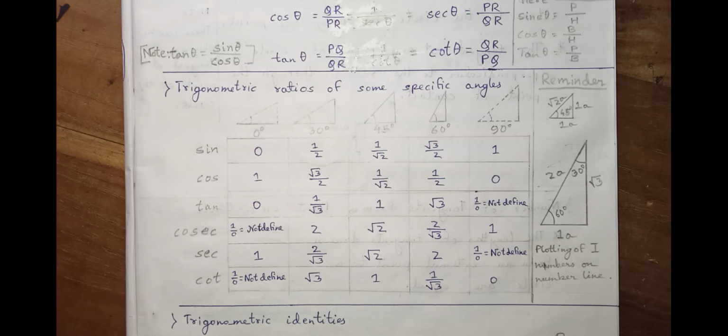Going ahead, sine 60 degree. Now let's come back to the root 3, the bigger triangle on the right hand side. Keeping focus on the 60 degree angle in the triangle, we can see the side opposite is root 3a and the hypotenuse is 2a, so root 3 by 2.